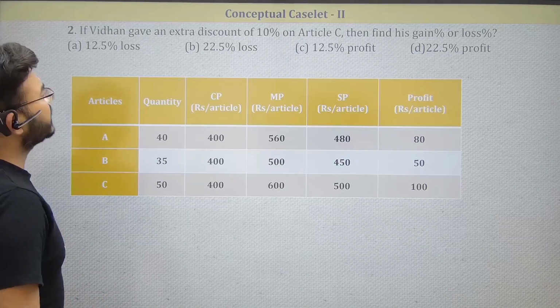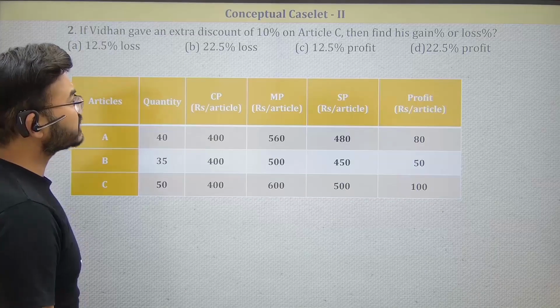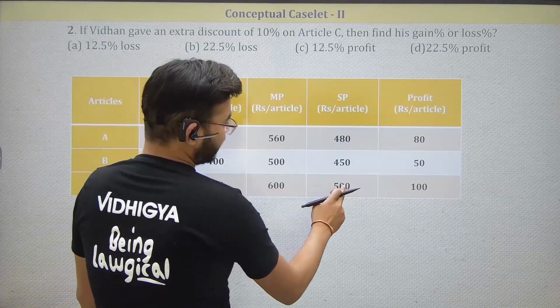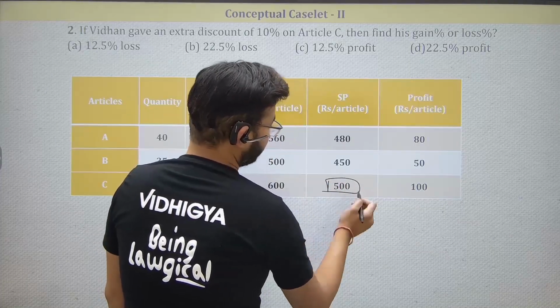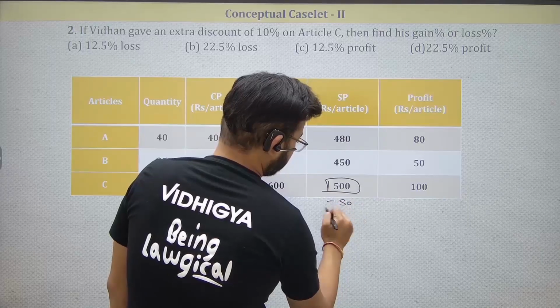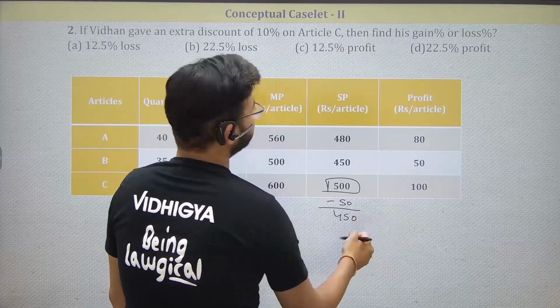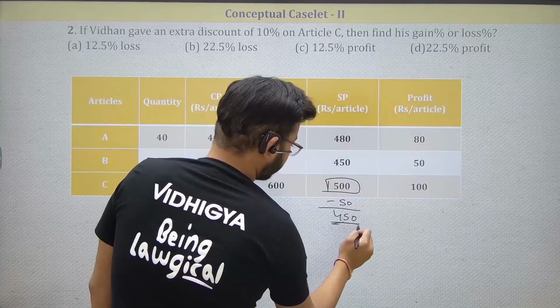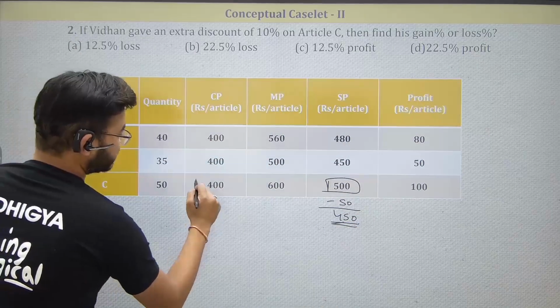Next, if Vidhan gave an extra discount of 10% on article C, so currently the selling price is 500, after giving an additional 10%, that is 50 rupees, the selling price becomes 450 now. Find his gain percent or loss percent. So he's selling at 450 and his cost price was 400.